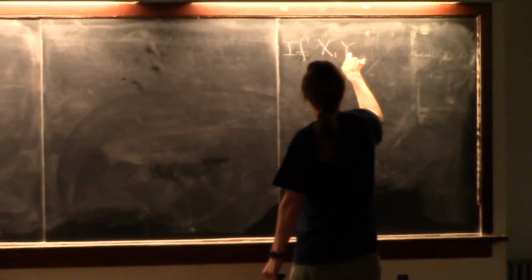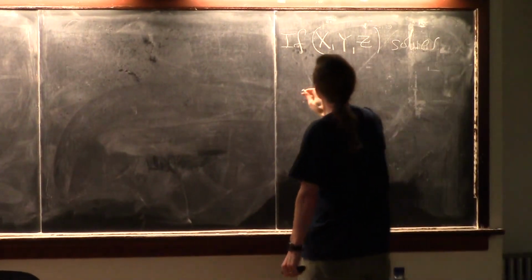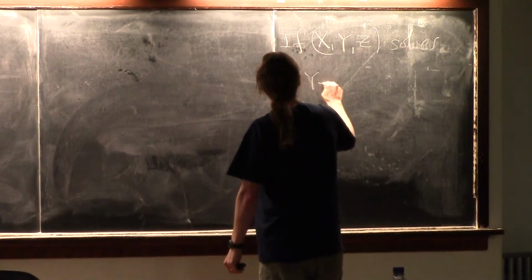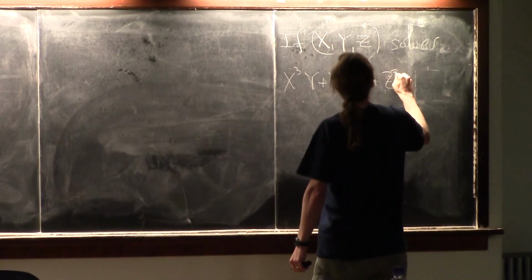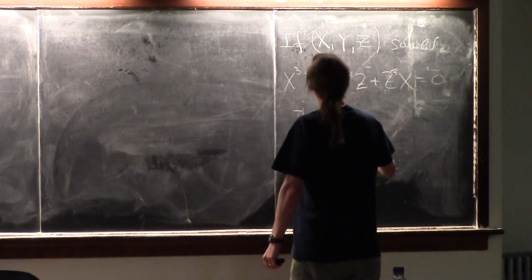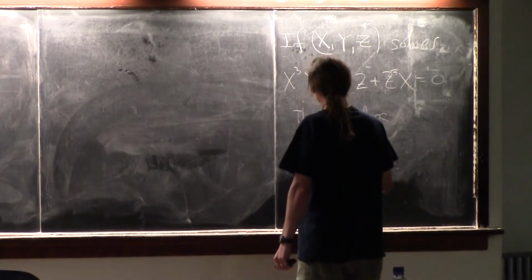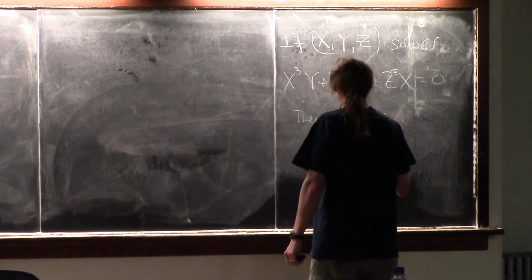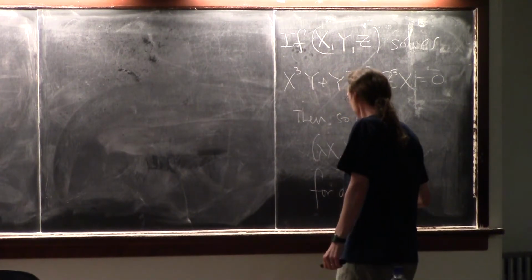So if x, y, z solves x cubed y plus y cubed z plus z cubed x equals 0, then so does lambda x, lambda y, lambda z for any lambda.